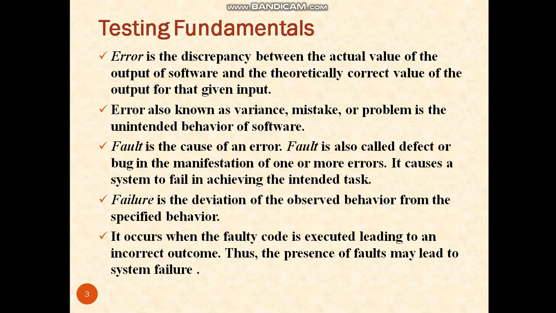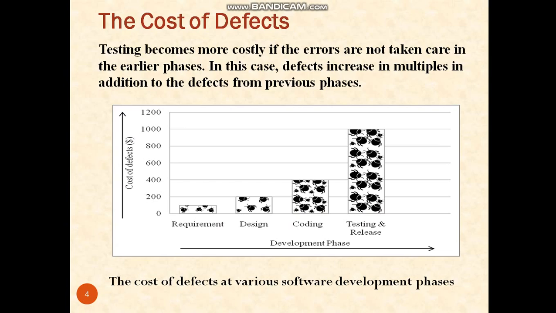Then one more is failure. Failure is the deviation of the observed behavior from the specified behavior. It occurs when the faulty code is executed, leading to an incorrect outcome. Thus, the presence of faults may lead to system failures.